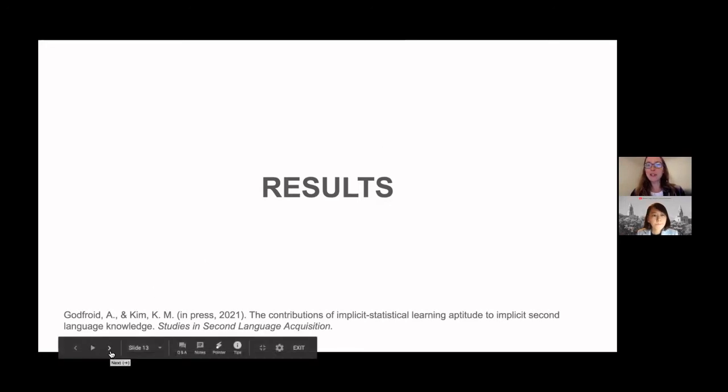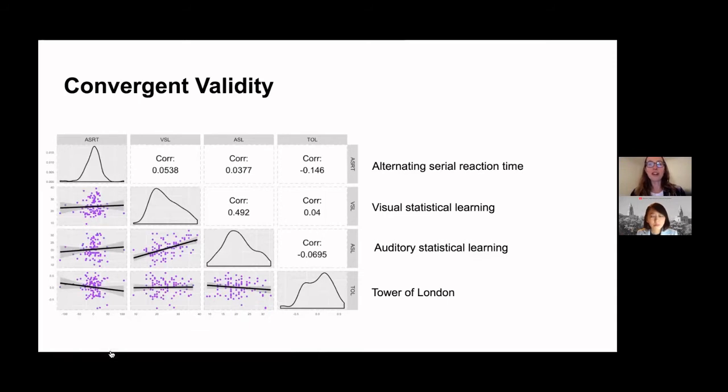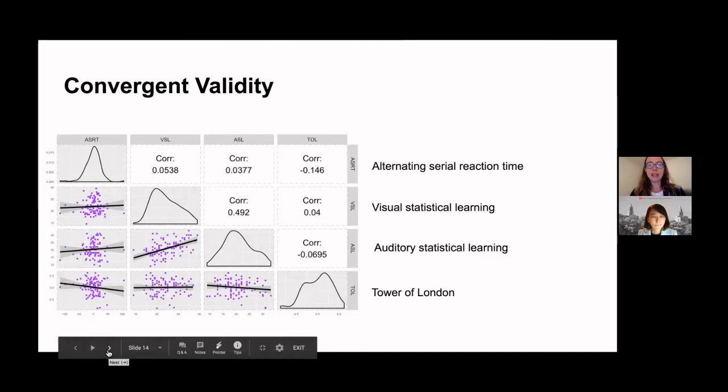So let's have a look, starting with the first research question of convergent validity. We started the analysis by running a correlation analysis of our 4 different implicit statistical learning aptitude measures. What you see here is the correlation matrix in which 2 things stand out.